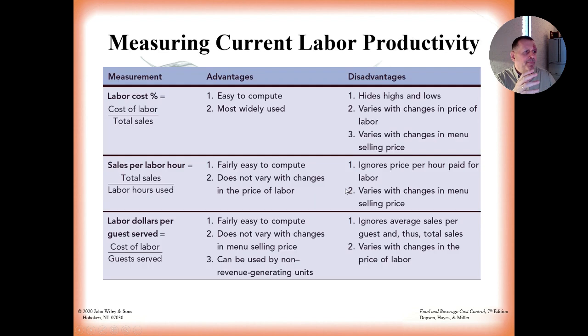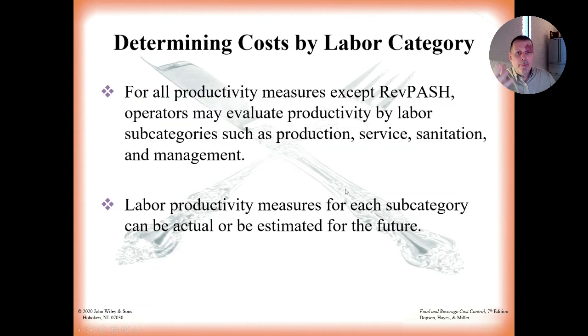Well, sometimes you want to see how productive each place is and compare. If I say the productivity for the line is a lot higher than it is for prep, of course it's going to be different. But what you want is you're maintaining that on a daily basis or a weekly basis, so you can judge it against itself. So if you see a rise, you know you have a problem.